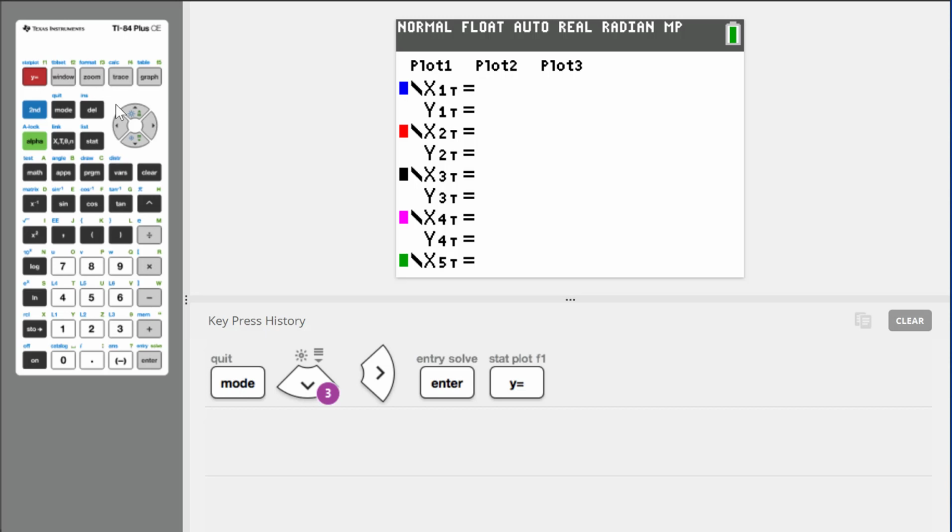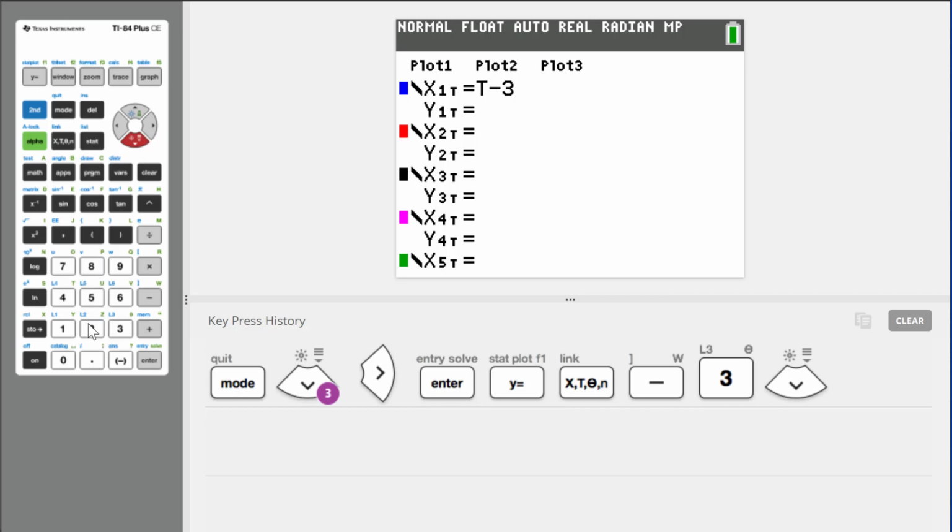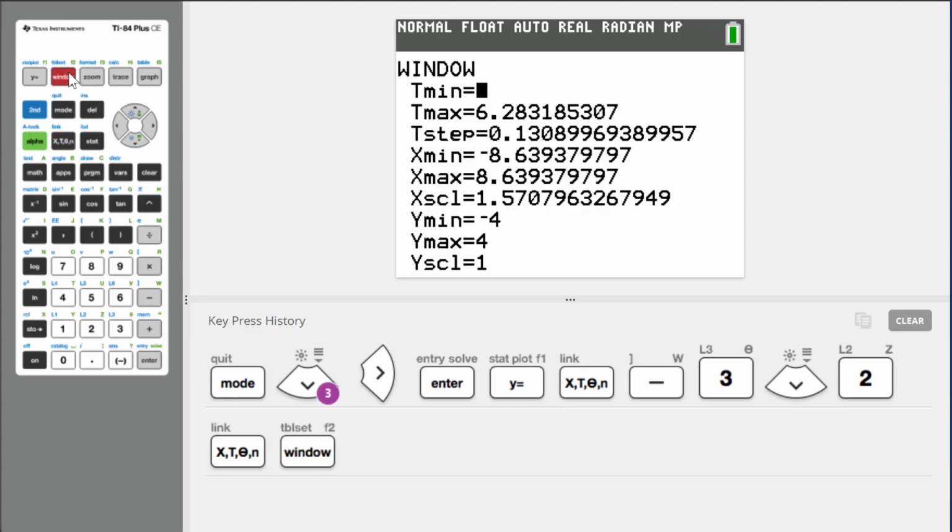Our example was x equals t minus 3. The t button is the same as the x button here, so t take away 3. The second equation was 2t. And then I do need to go to the window button and specify what values of t, x, and y I want to look at.